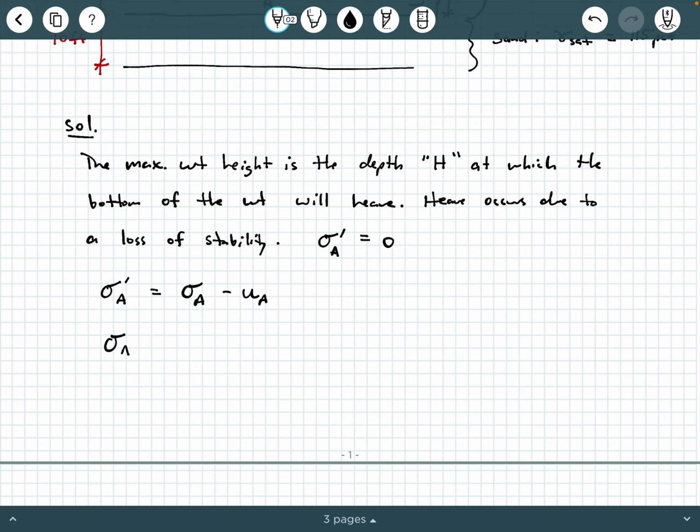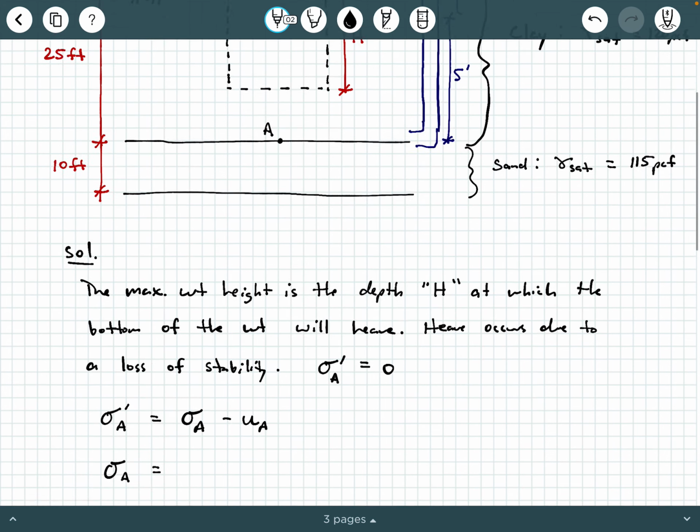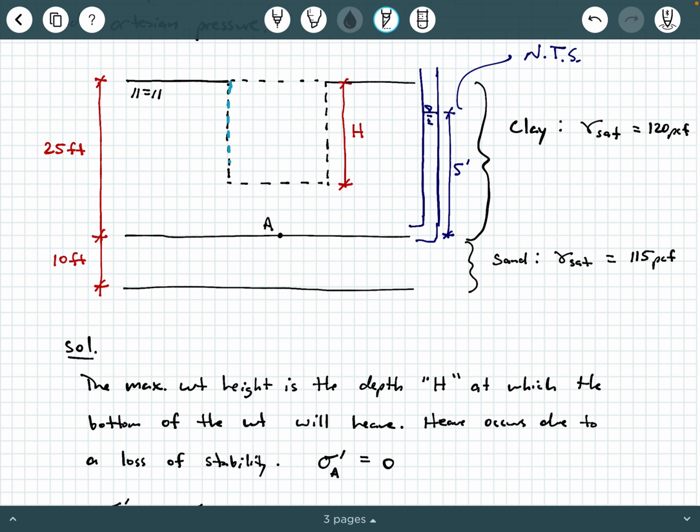Well, total stress is just going to be equal to what? Well, we're cutting into the ground at a distance H. So you have to ask yourself, what is everything that's going to be above this point A when we make the cut? Well, it's going to be this material right here, all right?